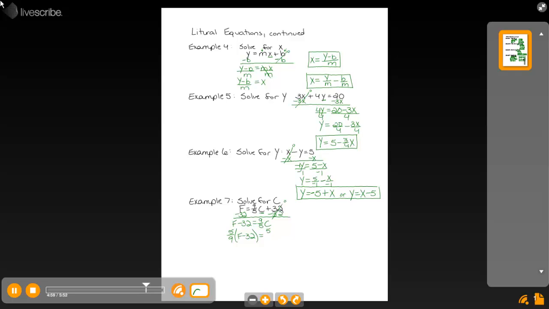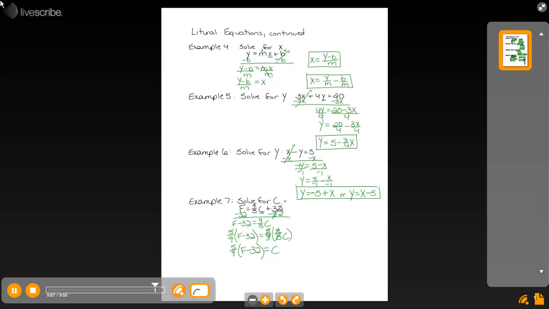And on the right-hand side, 5/9 times 9/5 c. And everything on the right should cancel and leave you with c. The 5's cancel, the 9's cancel, and leave you with 1c, or just c. And on the left, I'm just going to leave this 5/9 f minus 32.